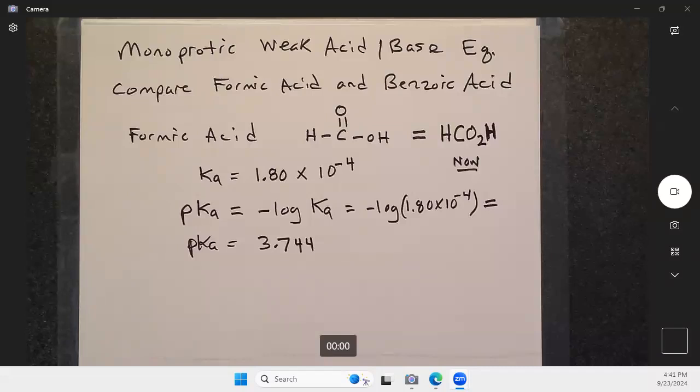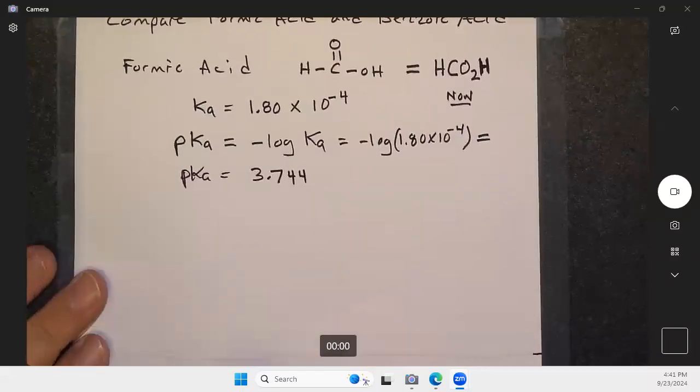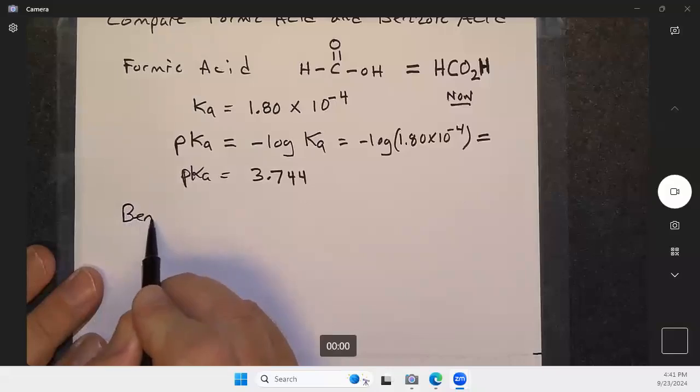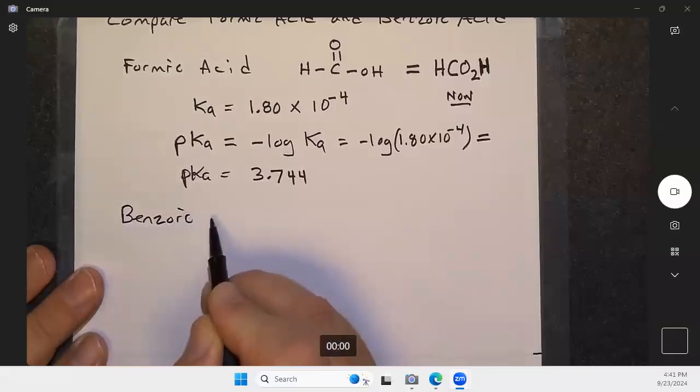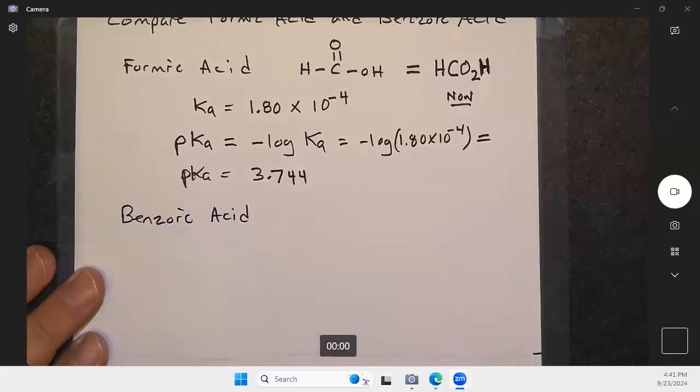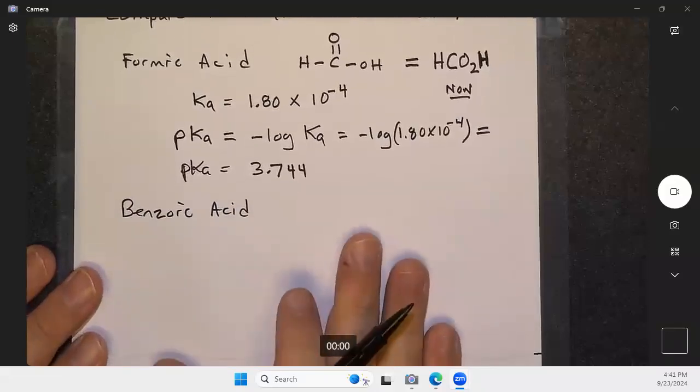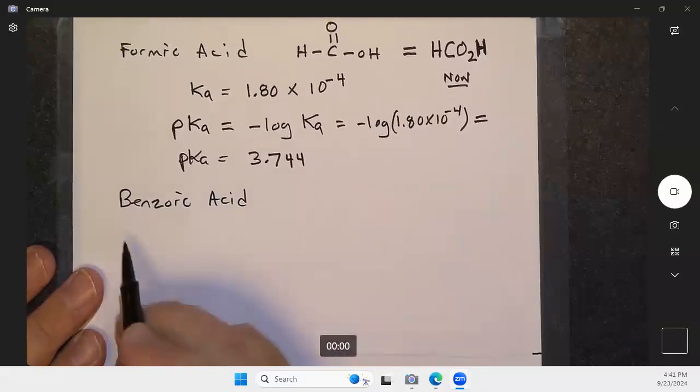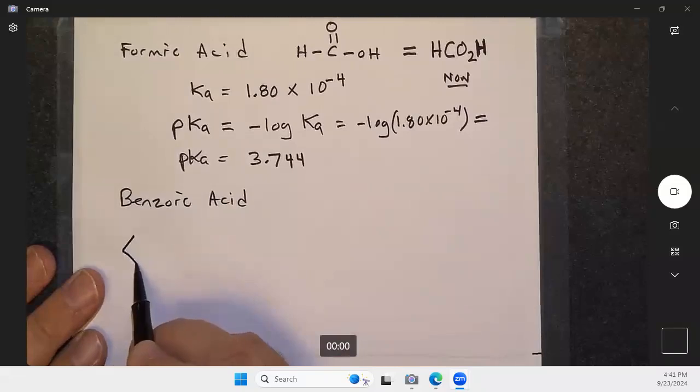See if you pulled out two different Kas trying to solve the problem from two different textbooks, right? Sometimes it happens. Benzoic acid. But you had to draw that one in organic chemistry quite a bit.